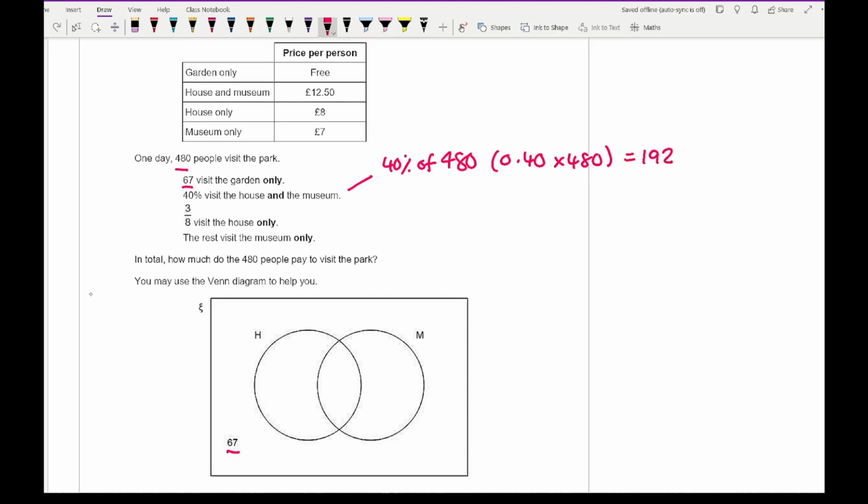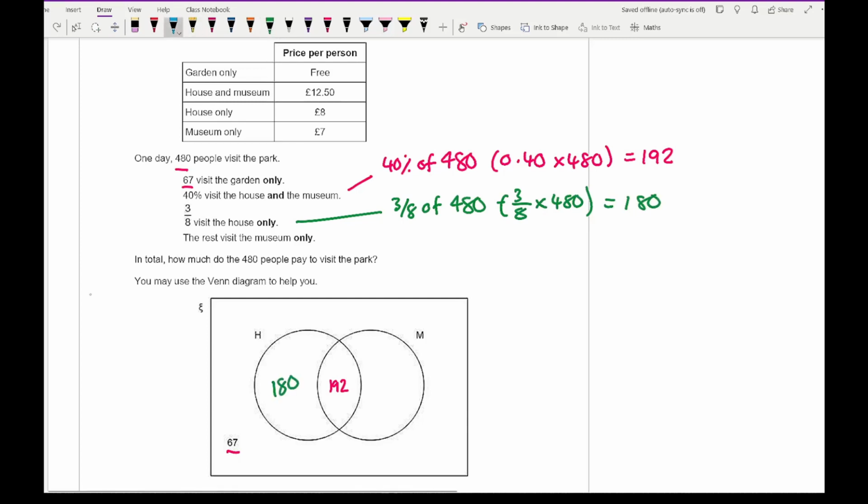So this middle section is 192. Then I want to work out what 3/8 of 480 is, in which I just type into my calculator 3/8 multiplied by 480, and that gives me an answer of 180.